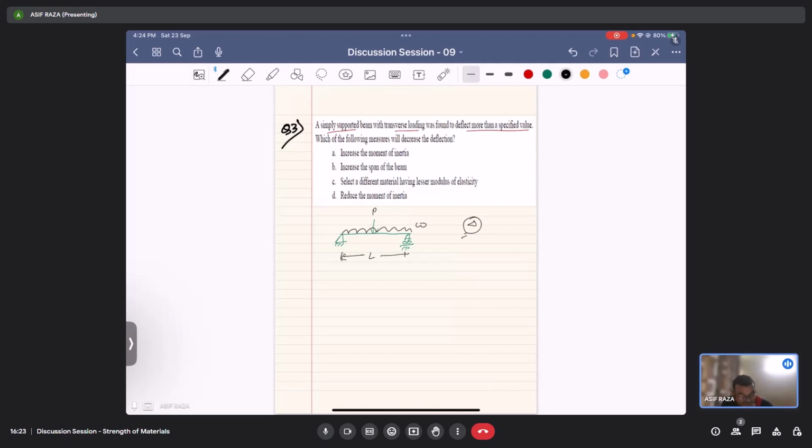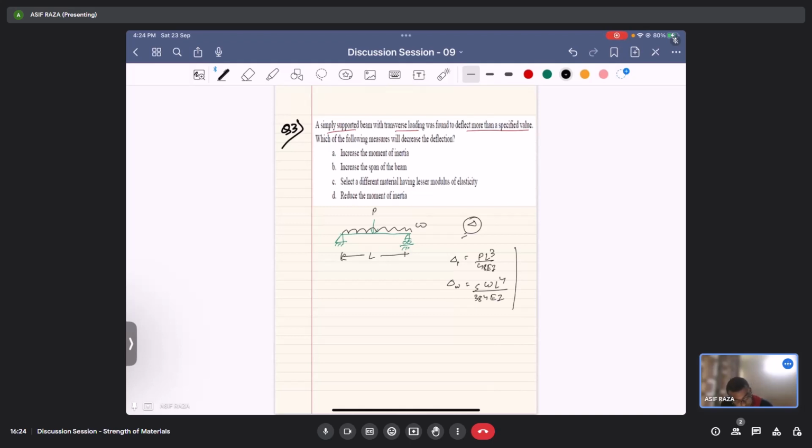If you recall, for a concentrated load, it was PL cube by 48 EI at the center, and for the case of UDL, it was 5 wL4 by 384 EI.